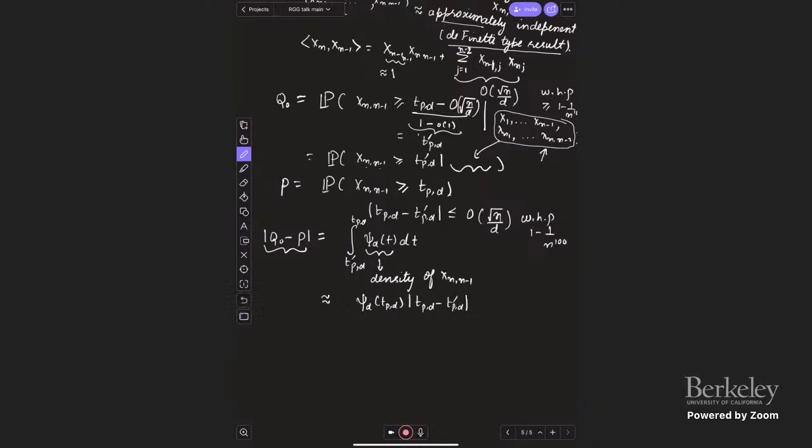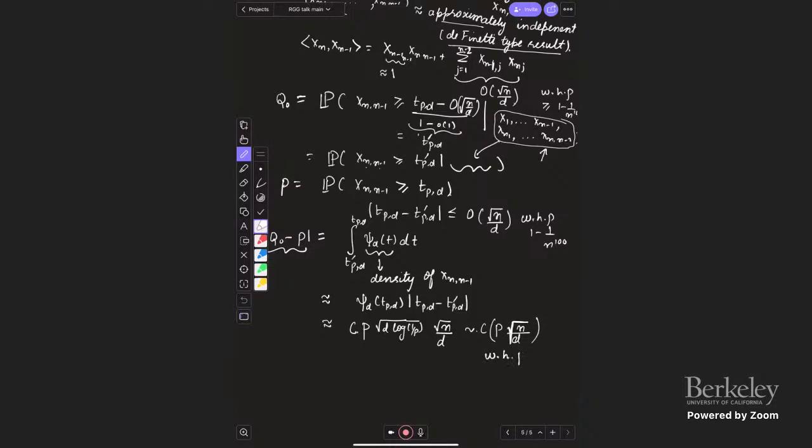Via easy calculus on the density function, this is approximately equal to P times square root of d log 1 over P, times a constant, times square root of n over d, which is P square root n over d up to log factors, with high probability.